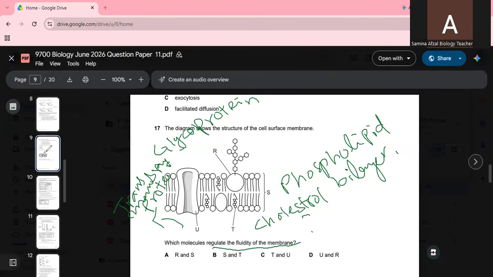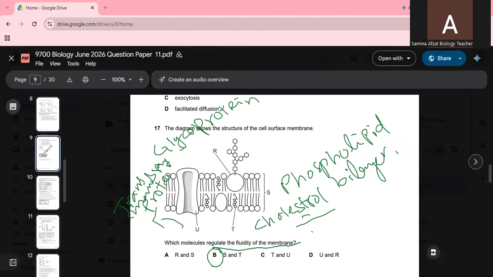So they are S and T, the phospholipid bilayer and this cholesterol molecule. So cholesterol strictly regulates membrane fluidity at high and lower temperature. The molecule responsible is T.